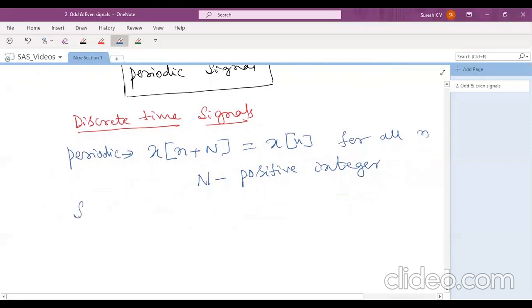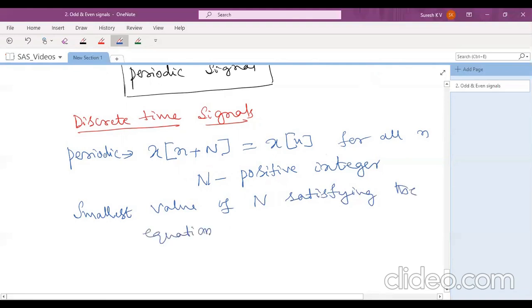So again, the smallest value of N which satisfies the above equation is called the fundamental period.